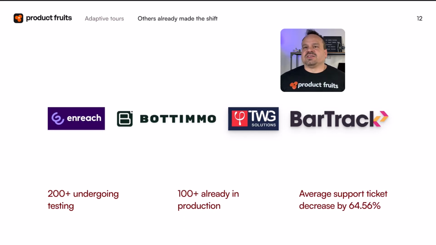But let's put it in numbers, in context. We have right now over 200 customers undergoing testing of these. We already have more than 100 customers who have Elvin in production, also with this guidance. And in fact, we have an average support ticket decrease of 64.56%.